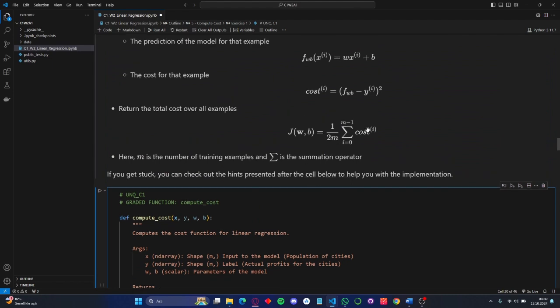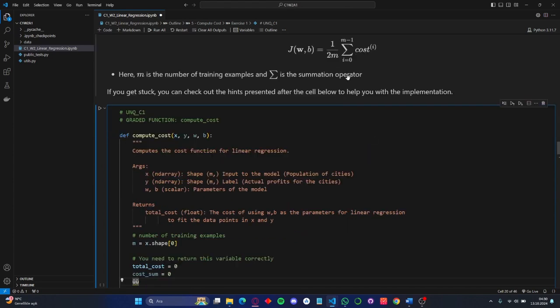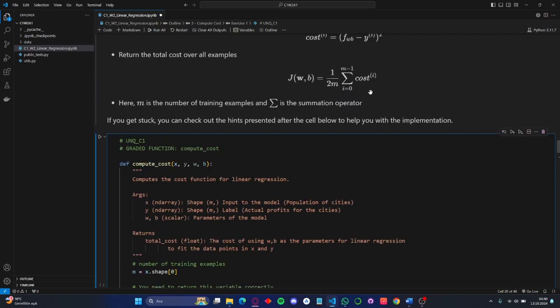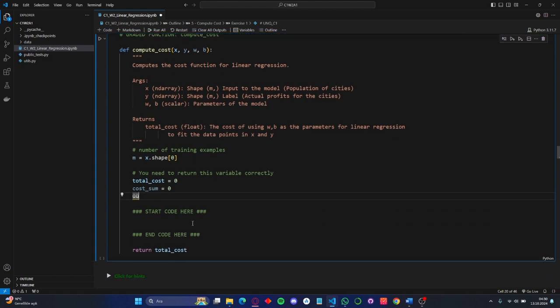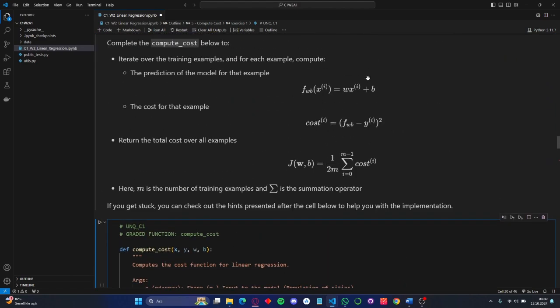First of all, we start in this function, and this sign means i equals 0 until m minus 1. So we have 97 data points, and we iterate once for each one. So we will write a for loop until m, and here we will write this predict function.